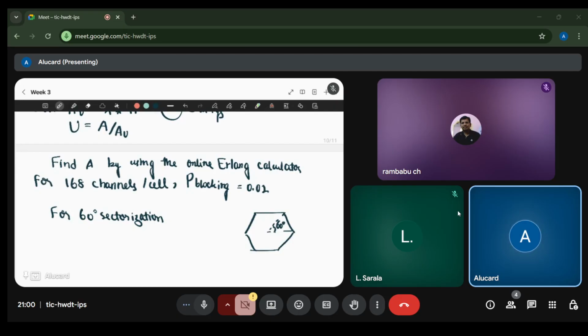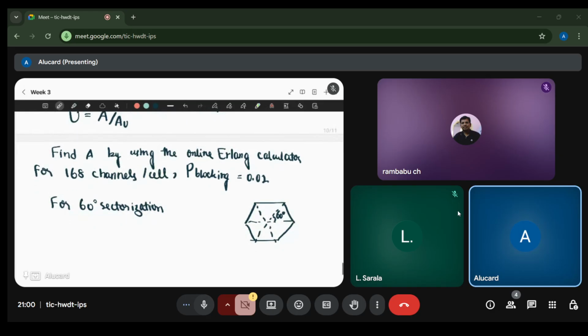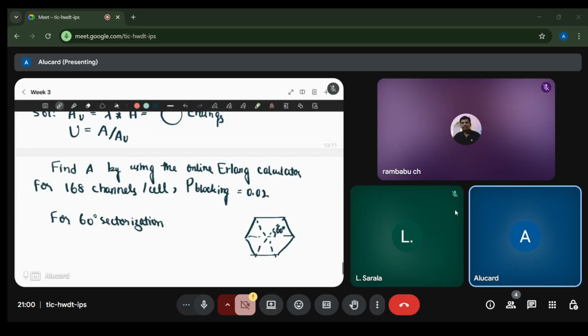So the total angle is 360, so there are six sectors now if you do 60-degree sectorization. So the number of channels per sector is 168 divided by 6, which is 28.